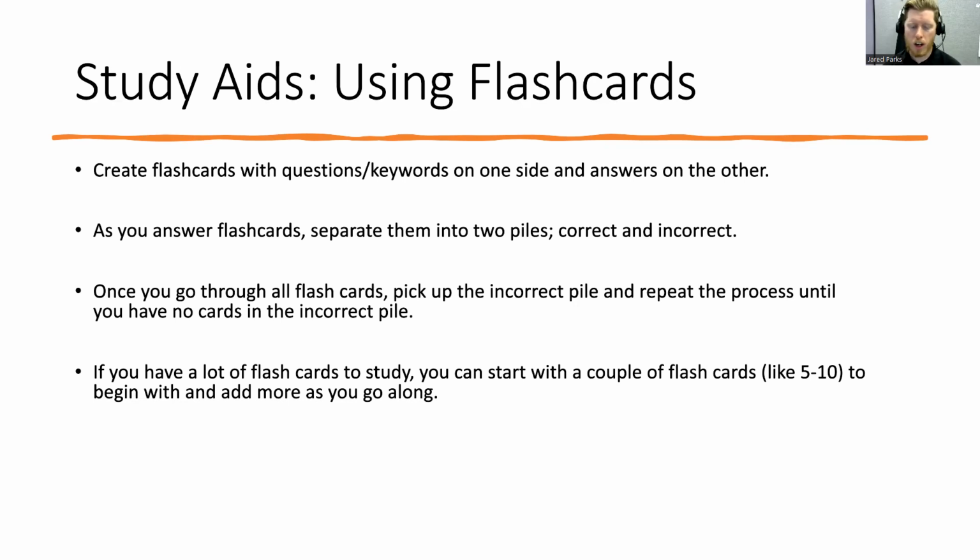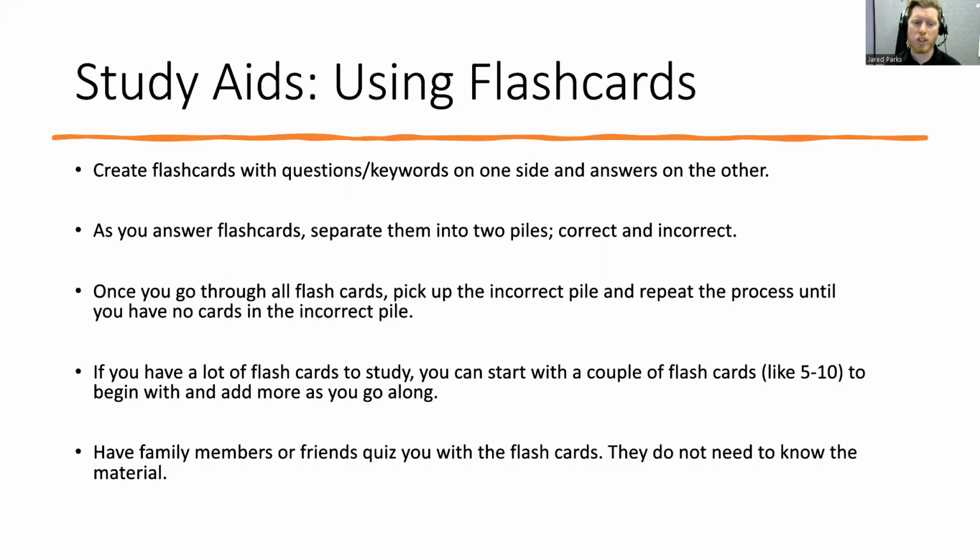Once you're confident in those 5 to 10 flashcards, add 10 more so you have 20. And once you're good on those 20, add 10 more. Or separate them into groups and then do it. If you have too many flashcards, you're not going to get to each flashcard often enough or cycle through enough so that you can really practice it.